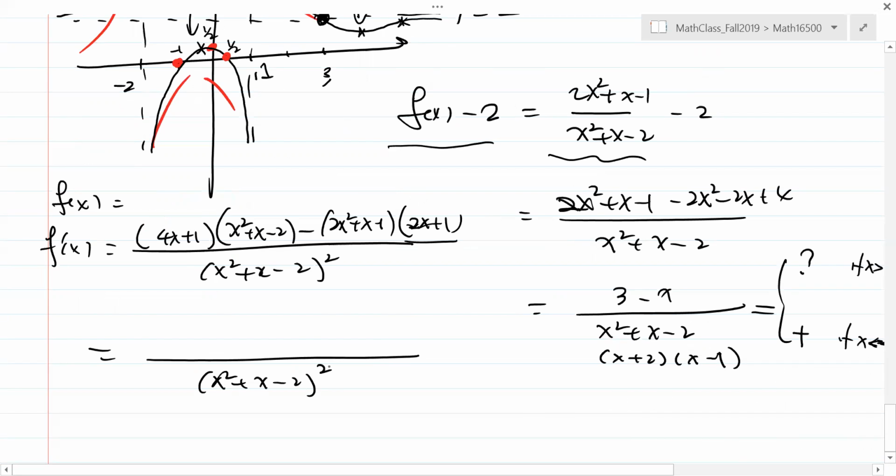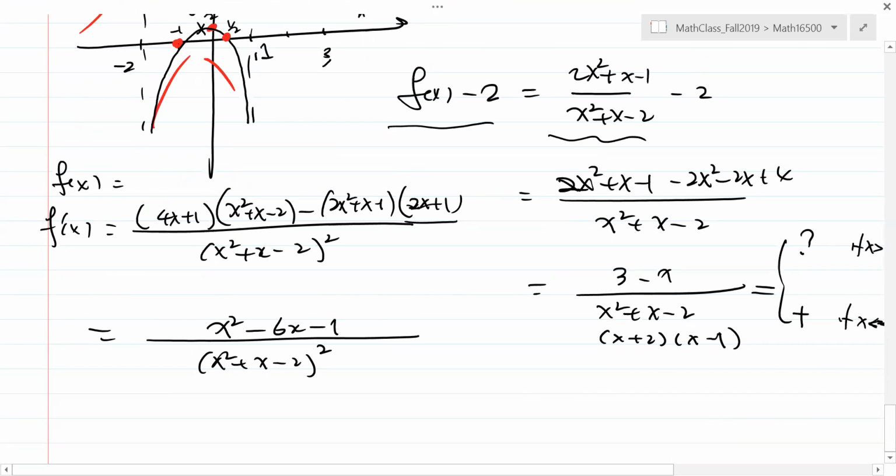Now, if you know the graph, you can figure out the mistakes. Okay? So the numerator will be x squared minus 6x minus 1. That does not look good. Okay? But then you will get two solutions. If you set this to be 0, the numerator will be, use a quadratic formula.